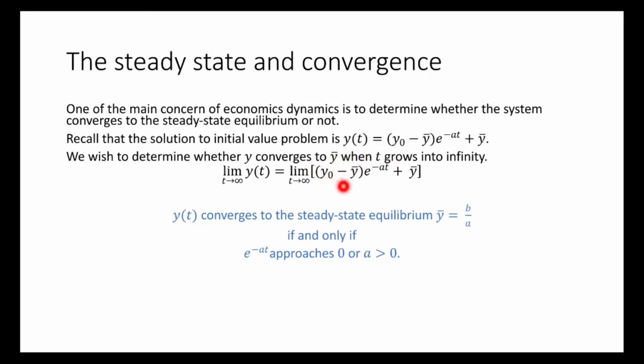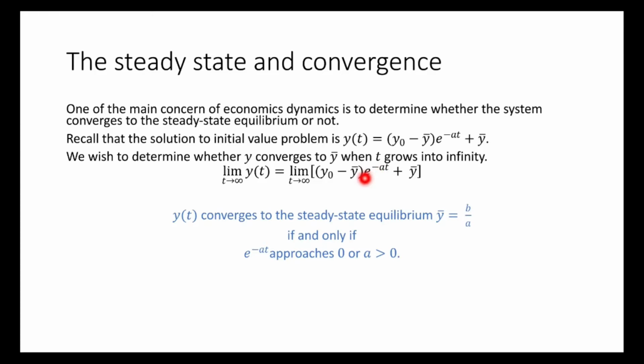Of course, this will approach 0 when a is positive, right? When a is positive, then e to the power will serve as a divisor. So as t is getting larger and larger, altogether this term will approach 0. It is different when a is negative.